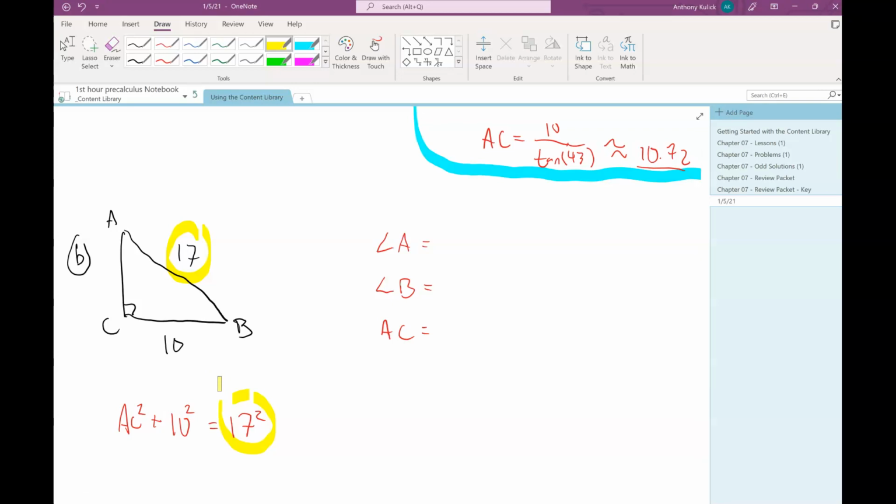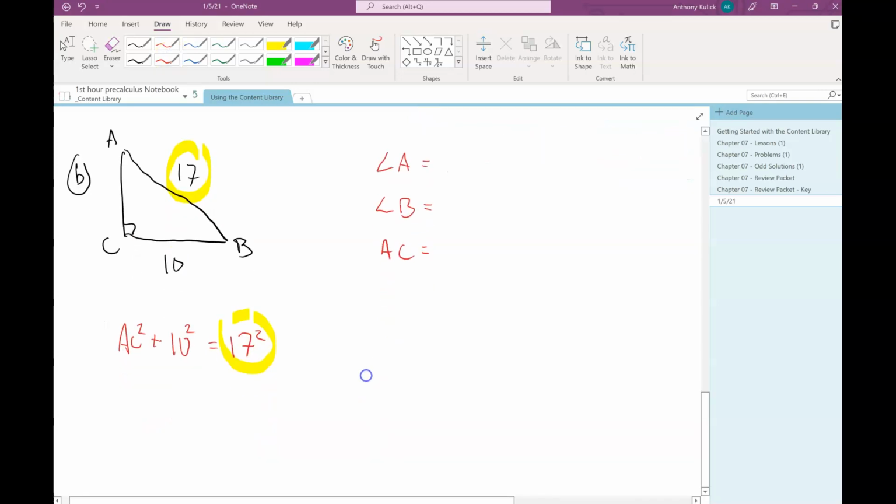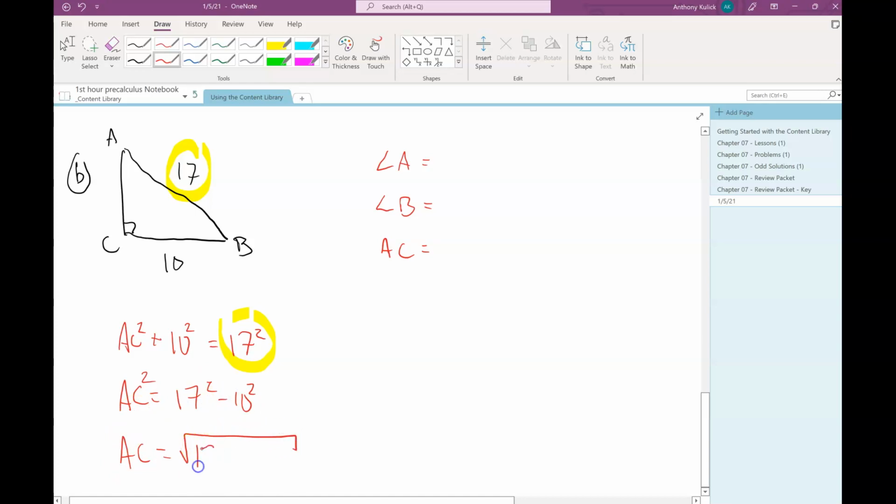Easy to overlook that if it's been a minute since you've used this tool, but that's again why we're doing this review real quick. So again, we subtract the 10 squared from both sides, and then square root both sides.